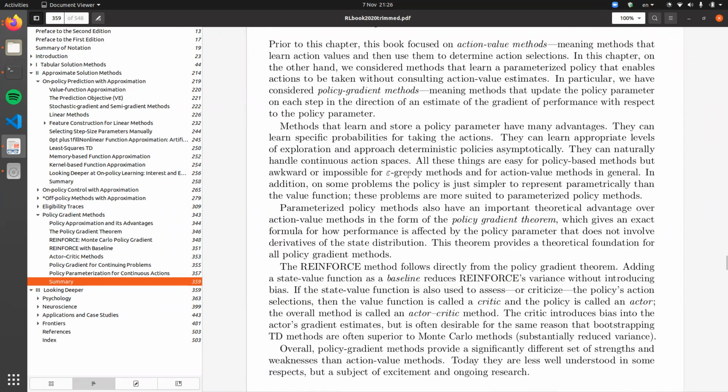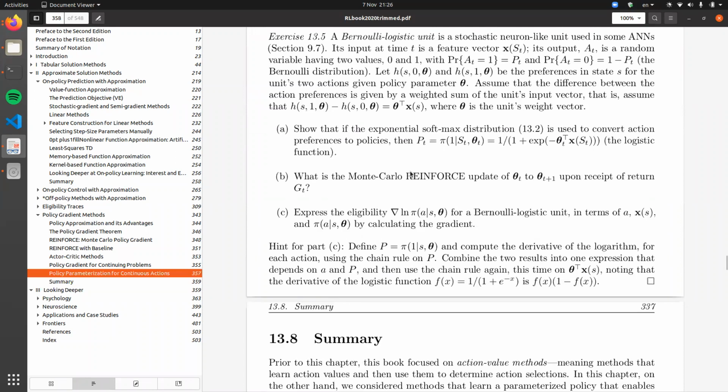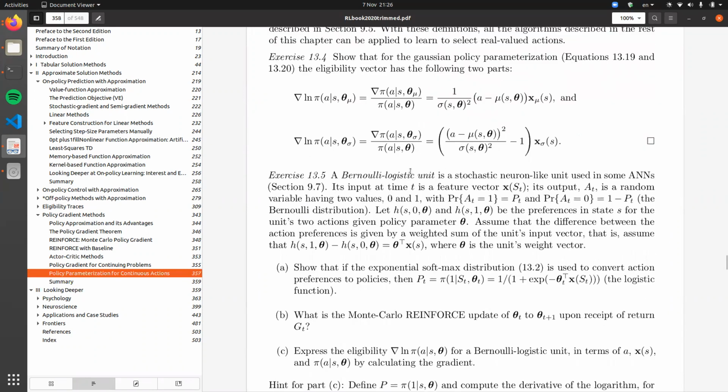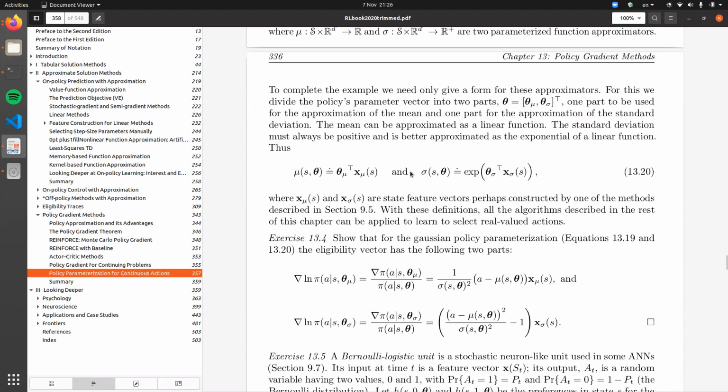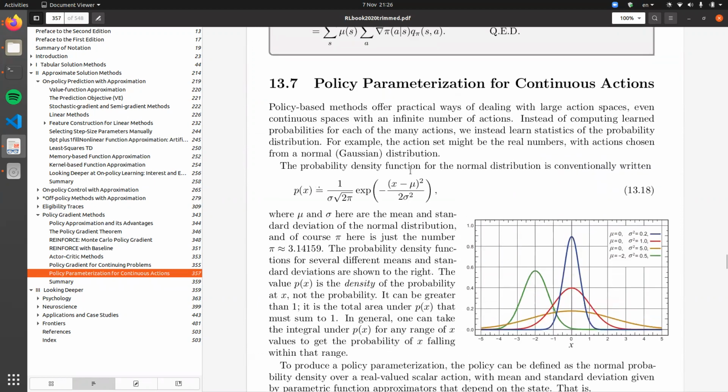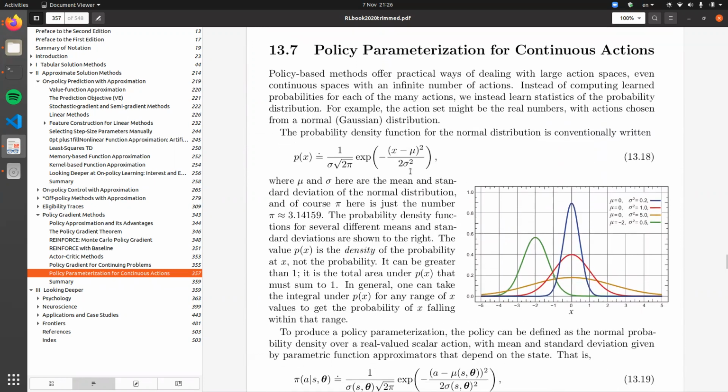Also, there is a lot we haven't really dived into, like further improvements over this algorithm, such as natural gradients.